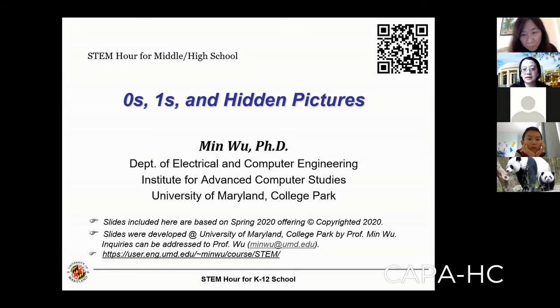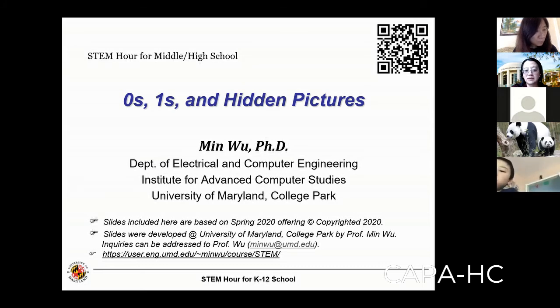I think one was addressing, in terms of the picture's resolution, how do we store them? And what I had shown during the talk was a simple way to store pictures. But you already have seen it's going to take many bits and bytes to store them. And in fact, today's information technology, especially the multimedia technologies, has made a lot of advances because we have ways to compress the signals using as few bits as possible.